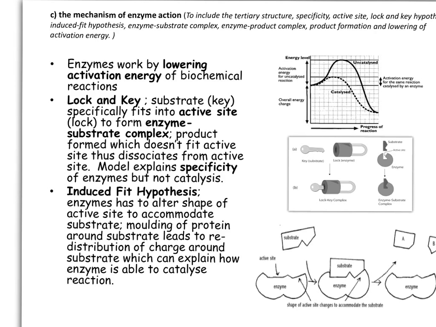Now, part of the surface of that three-dimensional shape has a region which we call the active site, and that active site has a specific shape and a specific chemical structure, and that is complementary in shape to the substrate that the enzyme is going to bind to.